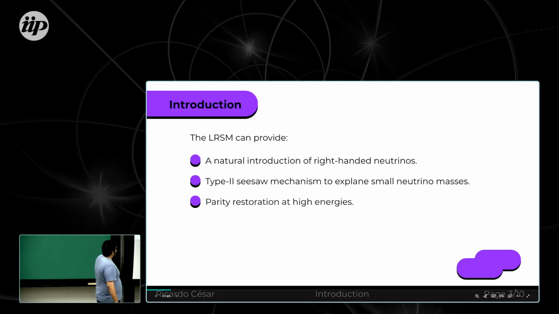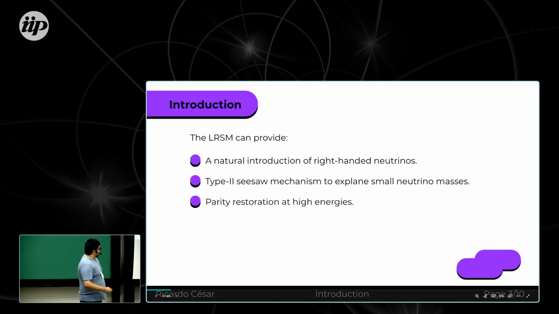Okay. So what can the left-right symmetric model provide? It provides a natural introduction of the right-handed neutrinos, because the right-handed neutrinos are introduced in doublets. I'll show you later that the right-handed neutrinos show up in the right-handed doublet.